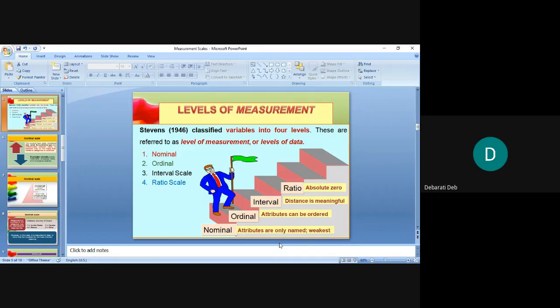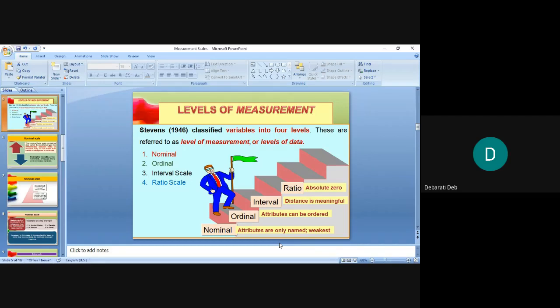Then we have the ordinal scale. Here the attributes can be ordered. Suppose you have collected 5 attributes and you have ordered them as 1, 2, 3, 4, 5. So numbering and naming them is only done in nominal scale. But in ordinal scale, you will also be able to classify which attribute is stronger than which.